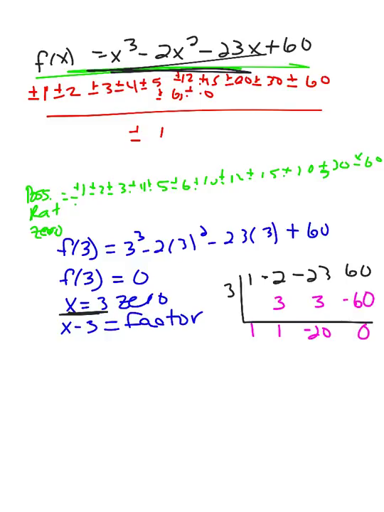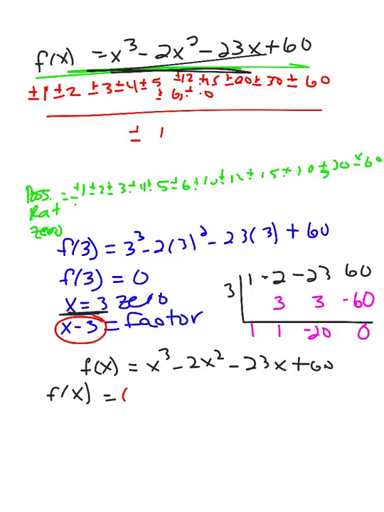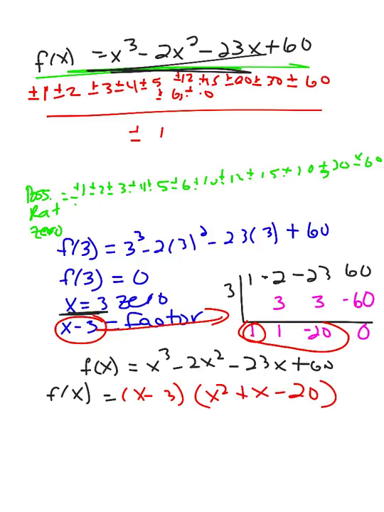Okay, so now I know this. I started off with f of x equals x cubed minus 2x squared minus 23x plus 60, and I know that one of my factors so far is x minus 3. And then the division gives me my other factor, x squared plus x minus 20. Now you have to factor x squared plus x minus 20.